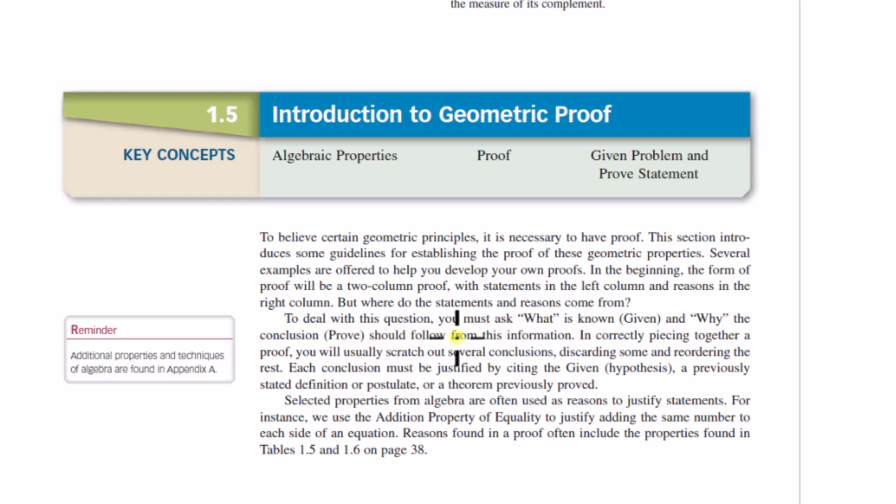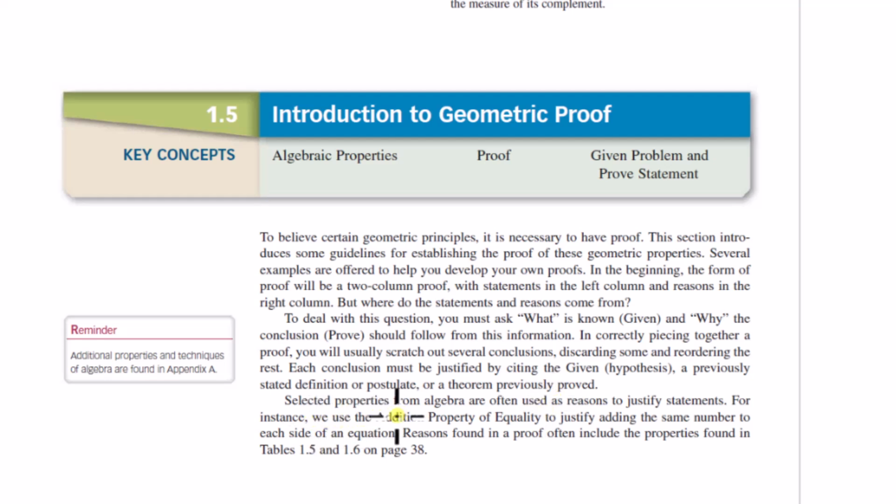To deal with this question, you must ask what is known, given, and why the conclusion, which you're trying to prove, should follow from this information. In correctly piecing together a proof, you will usually scratch out several conclusions, discarding some and reordering the rest. Each conclusion must be justified by citing the given, or hypothesis, a previously stated definition or postulate, or a theorem previously proved.